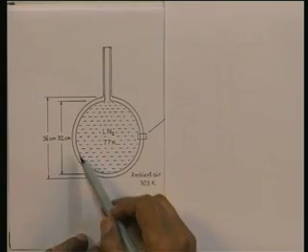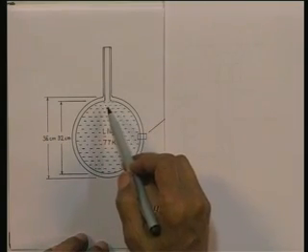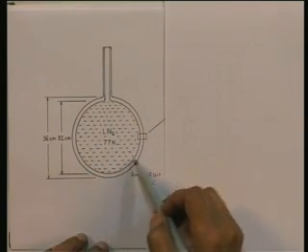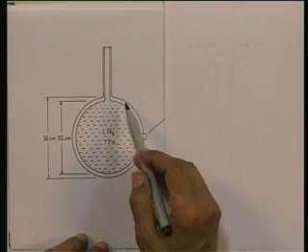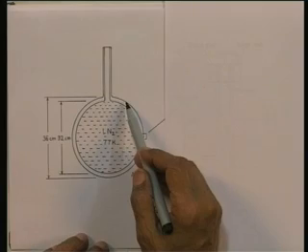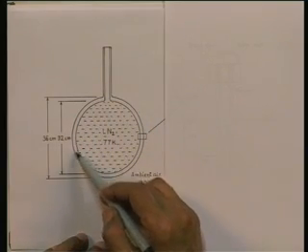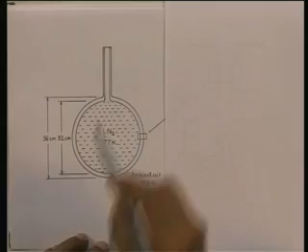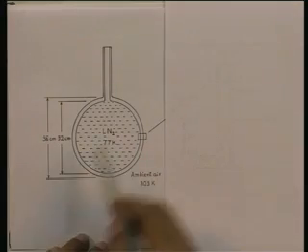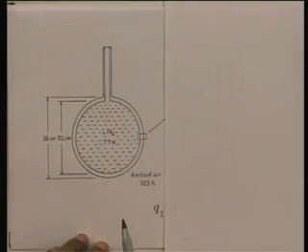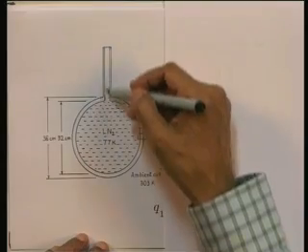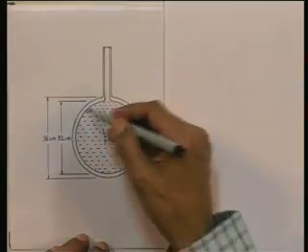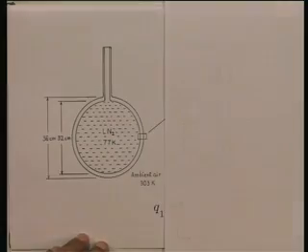The inner circle is the spherical container of diameter 32 centimeters, surrounded by another spherical shell of diameter 36 centimeters, and there is a neck here through which the liquid nitrogen is poured or taken out. This is all filled with liquid nitrogen.